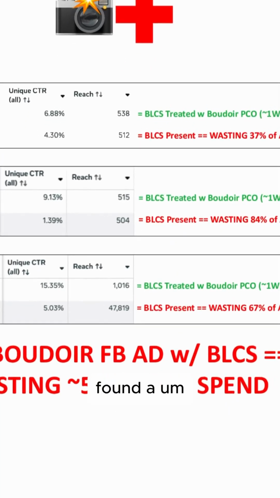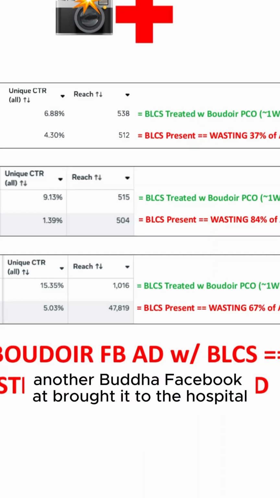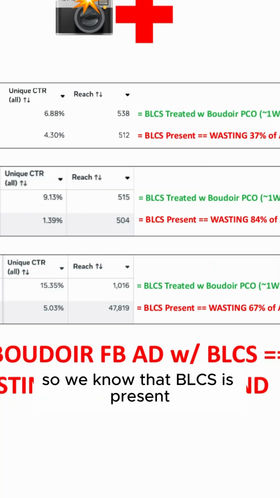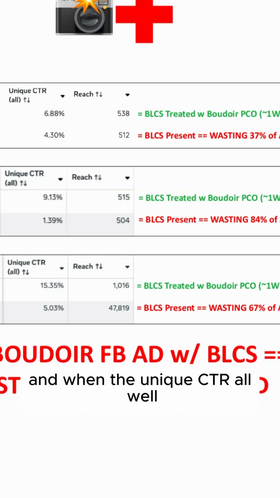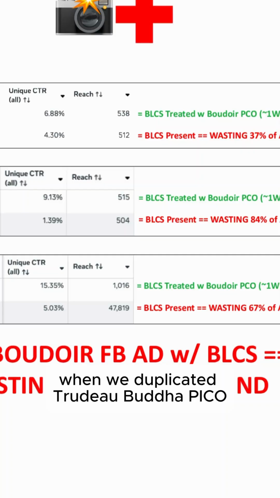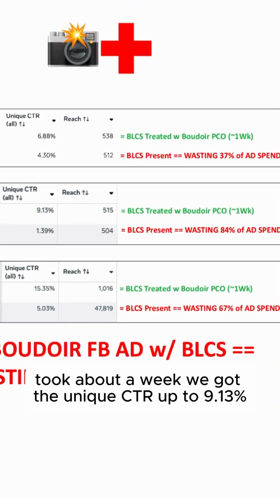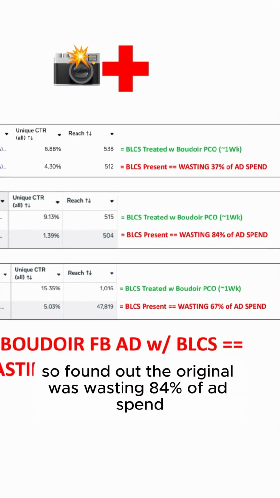Next, I found another Boudoir Facebook ad, brought it to the hospital, tested it. Unique CTR 1.39%. So we know that BLCS is present. And when we duplicated it and treated with Boudoir Pico, took about a week, we got the unique CTR up to 9.13%. So we found out the original was wasting 84% of ad spend.